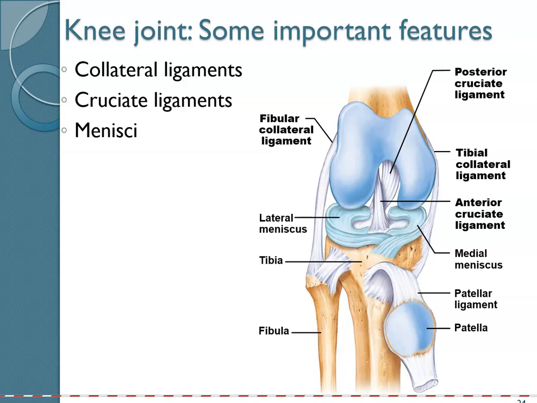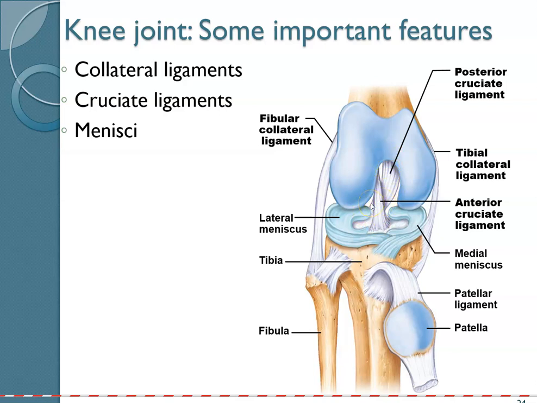The cruciate ligaments are actually at the posterior of the knee. They form an X. Okay, so you may have heard of ACL, PCL. They're referring to these. Okay, similar to MCL would have been medial collateral ligament. Okay, anterior cruciate ligament, and then posterior is behind it.